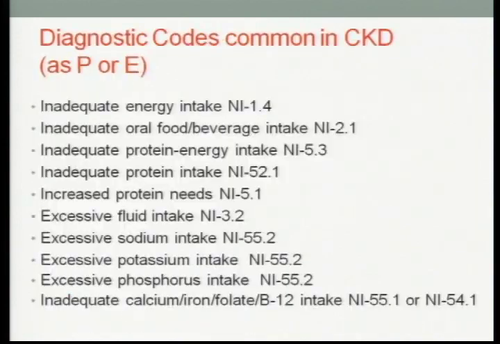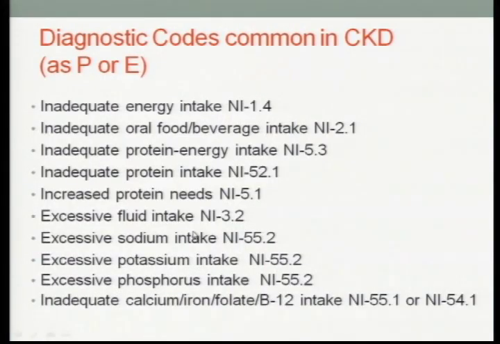So what are some examples that we can use as diagnostic codes in the chronic kidney disease population? You might say something like inadequate energy intake. I can envision somebody who you find is having weight loss, their C-reactive protein's high, and they have low appetite. Then you may want to say something like inadequate protein energy intake for that person.